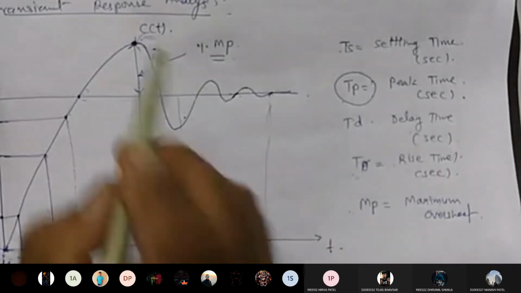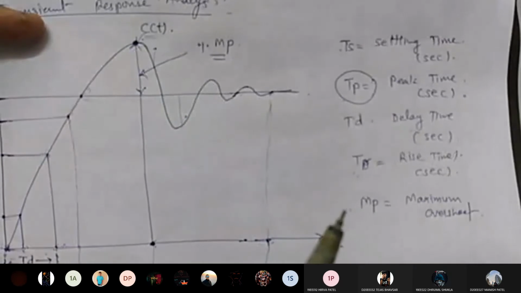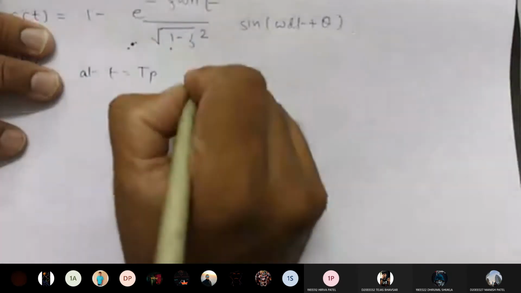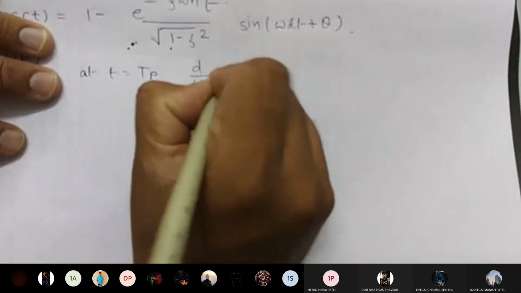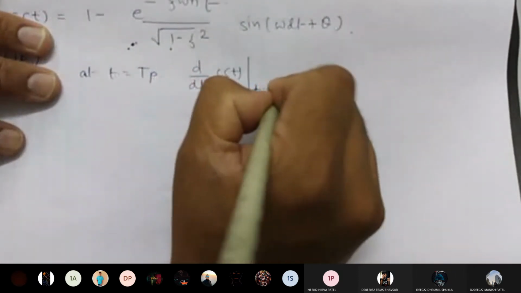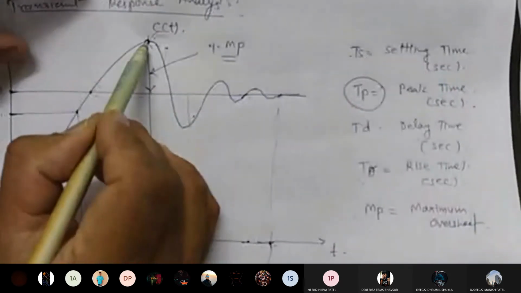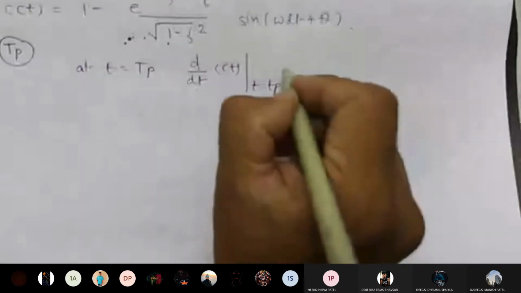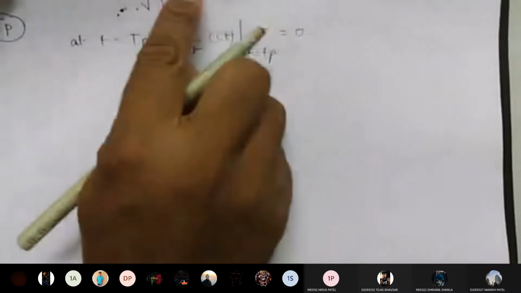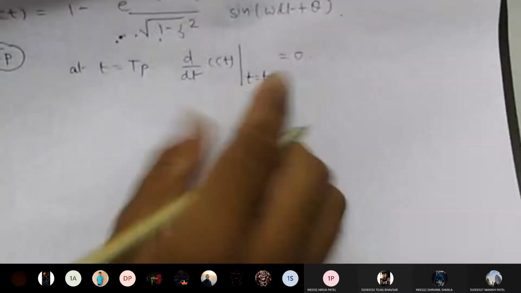So d by dt of C(t) at t is equal to TP is 0. So we have to differentiate C(t) at time t is equal to TP, and that will be equal to 0, because we want to find out TP.